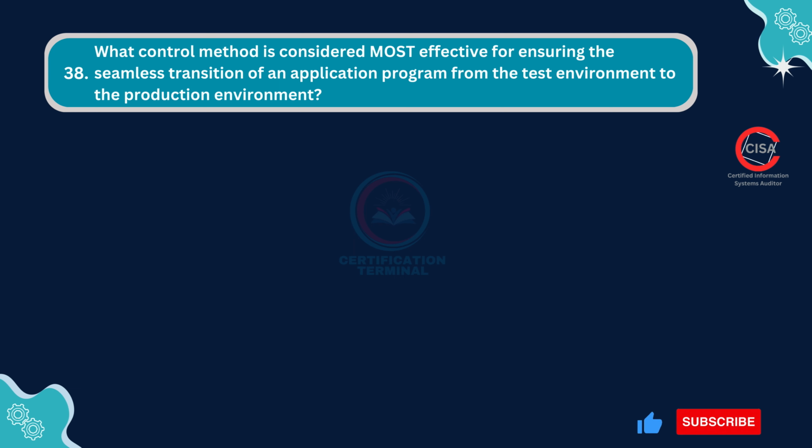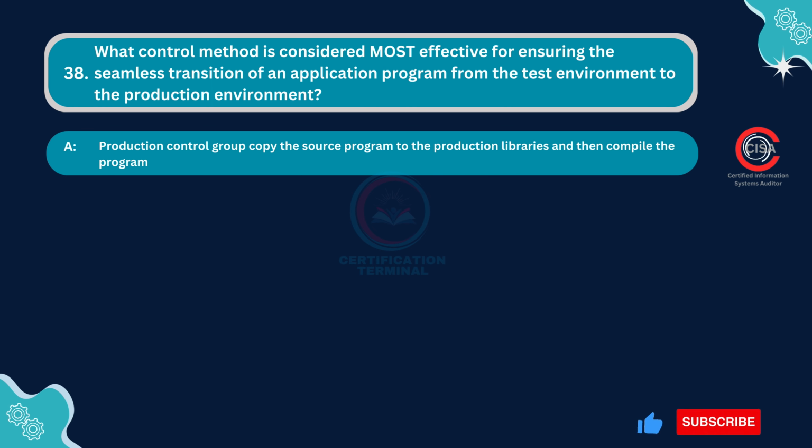Question number 38. What control method is considered most effective for ensuring the seamless transition of an application program from the test environment to the production environment? Option A. Production control group copy the source program to the production libraries and then compile the program.